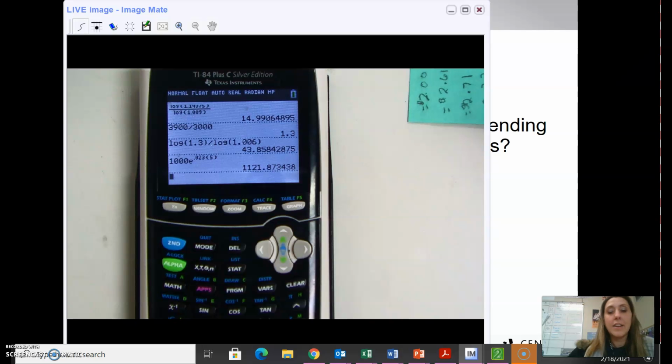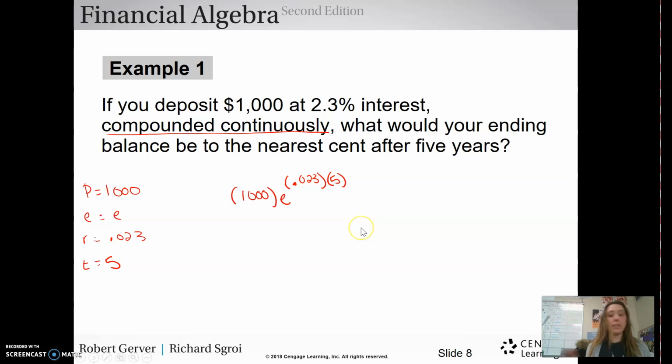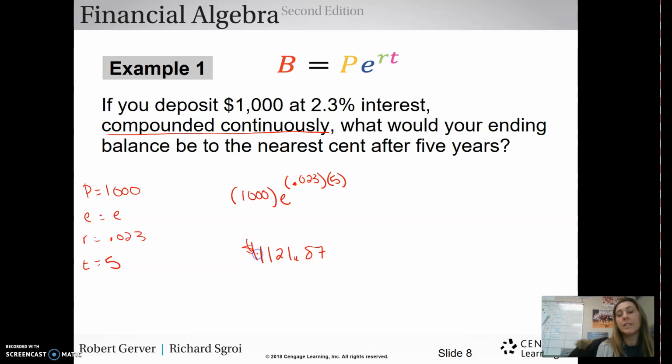I know that because I'm rounding to the nearest cent. So our ending balance after 5 years would be $1,121.87.